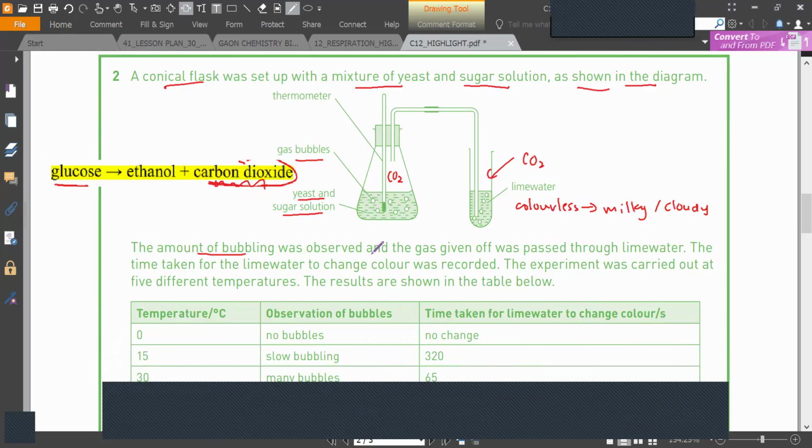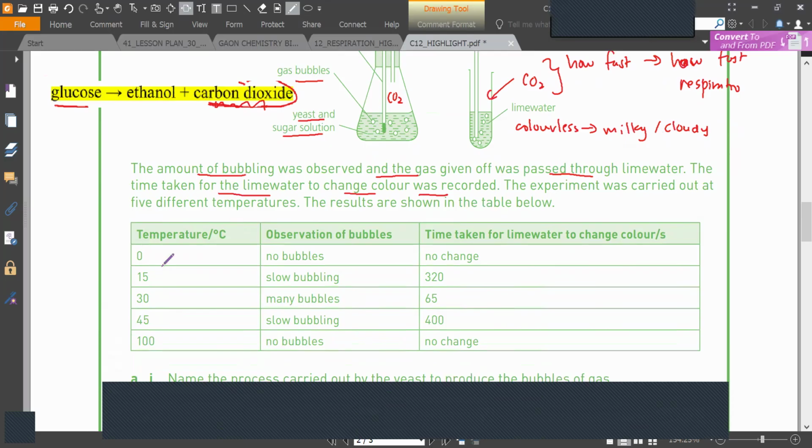The amount of bubbling was observed and the gas given off passed through lime water. The time taken for the lime water to change color was recorded. So how fast it changed color tells us how fast the respiration is. Straightforward.